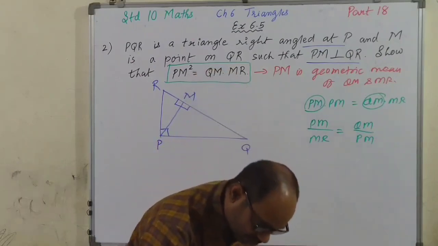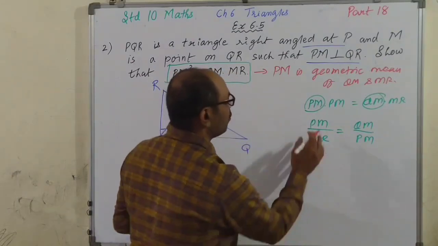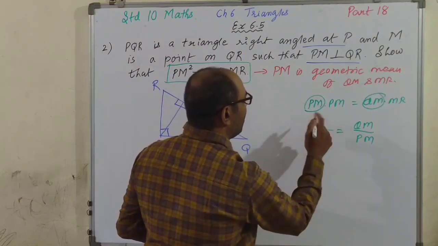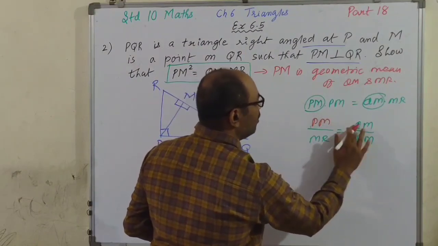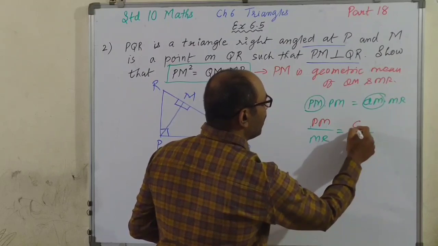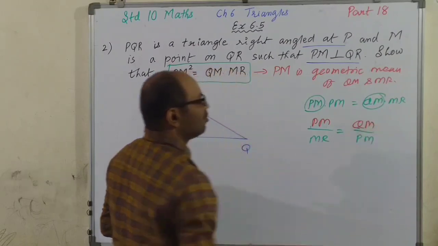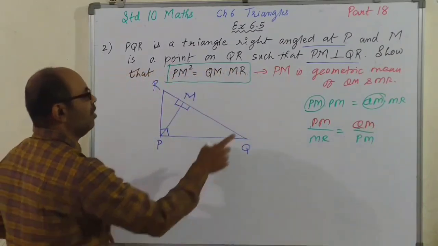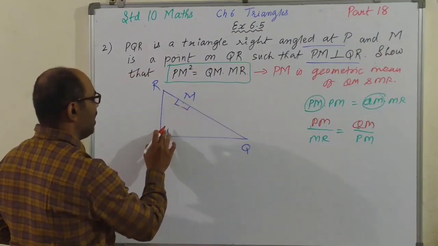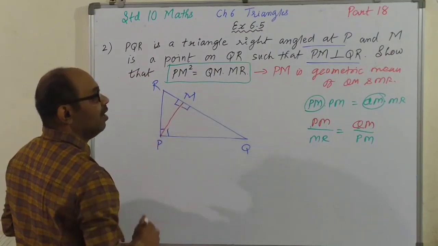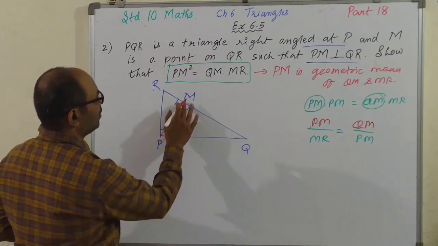I'll change the color now. Suppose this is PM, I make it red, and this QM, that also I make red. So the red parts you see now: this is PM, this is QM.